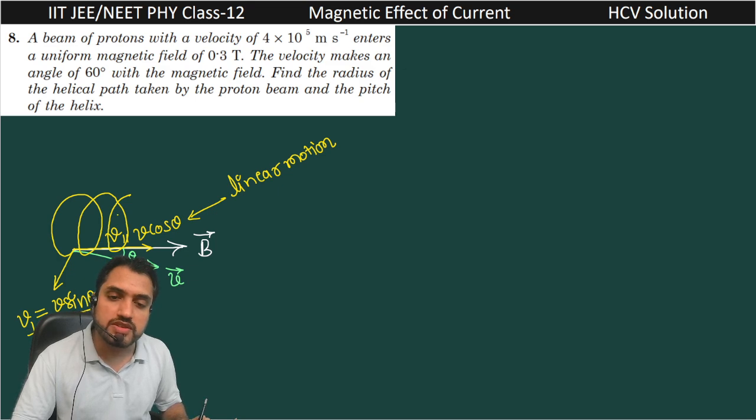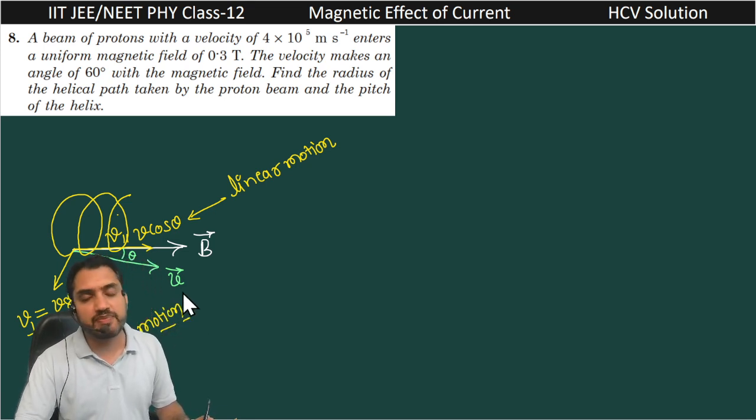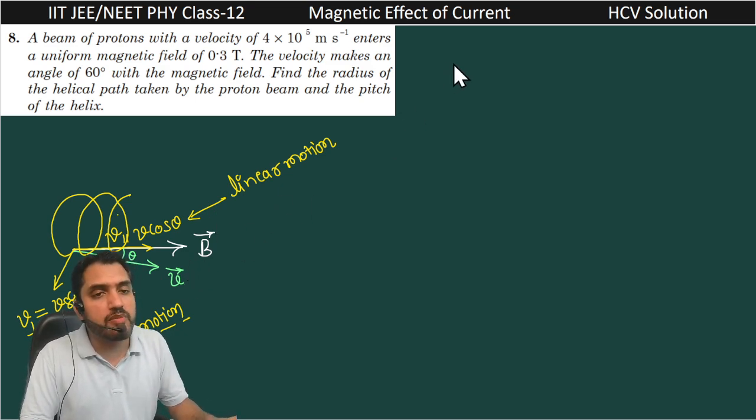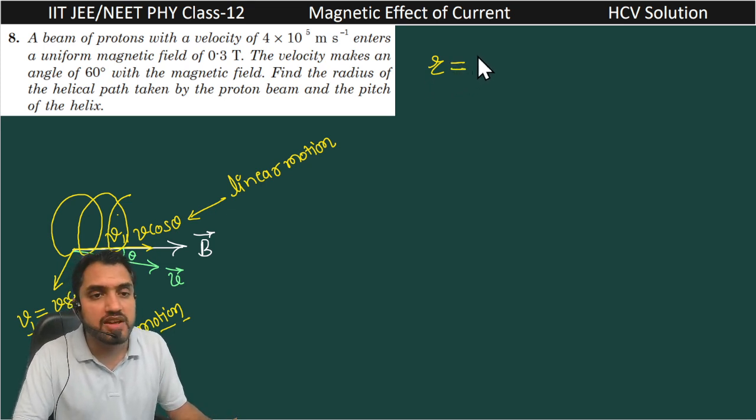The combination of this linear motion and circular motion is a helix. So for the radius of this circular path, or the radius of this helical path, you can use the perpendicular component.